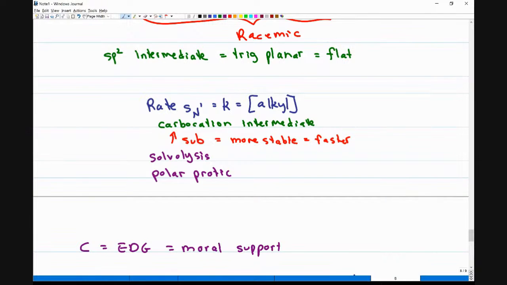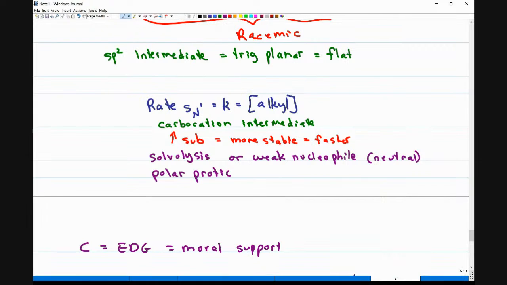The polar protic solvent is going to help stabilize your carbocation, and that is why it's something that you want to look into. Solvolysis or a weak nucleophile, because if it's strong, it's not going to wait around for a carbocation. It's going to do a direct attack right away. It's not going to wait.